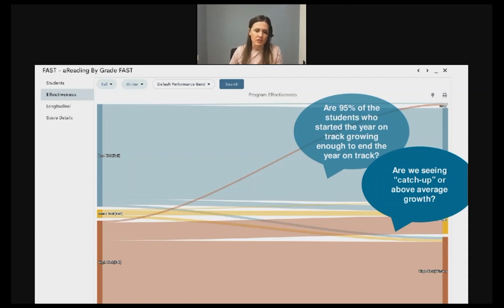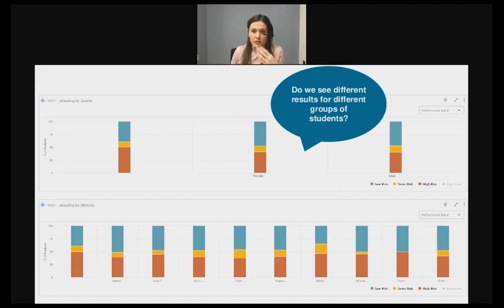So making sure that when we look at the number here in this chart, this is one of my favorite charts, by the way, is when we take the students whose scores were at the high risk level and see at the end of the year how many of them are still having scores in the high risk range, because that tells us as a program we might not be doing everything we need to be doing to help support all students.